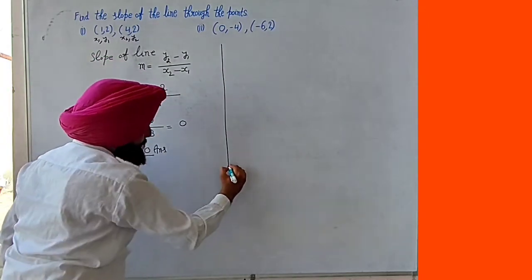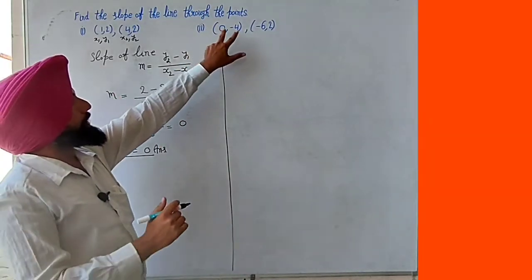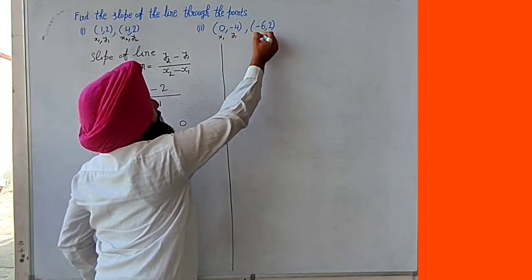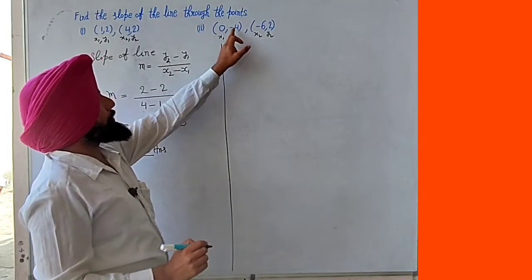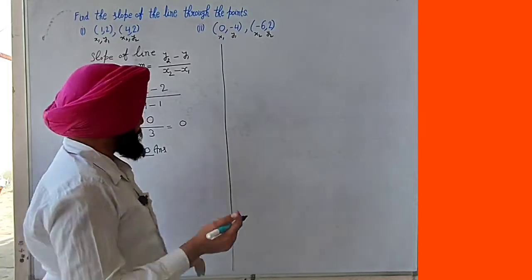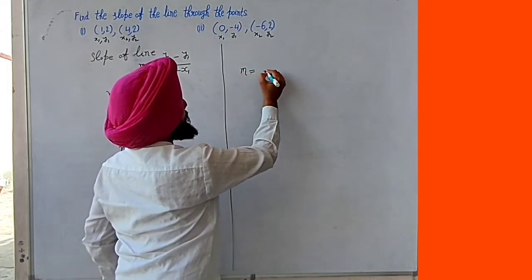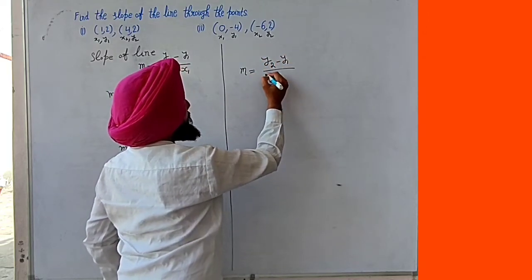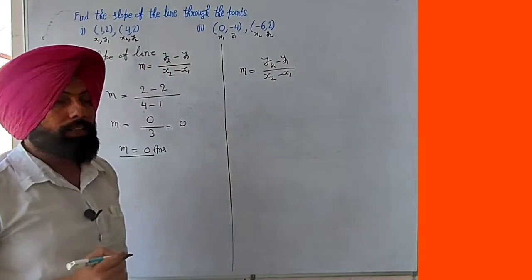Now second sum. Here x1 is 0, y1 is minus 4, x2 is minus 6, y2 is 2. Again the slope of the line is m equal to y2 minus y1 over x2 minus x1.